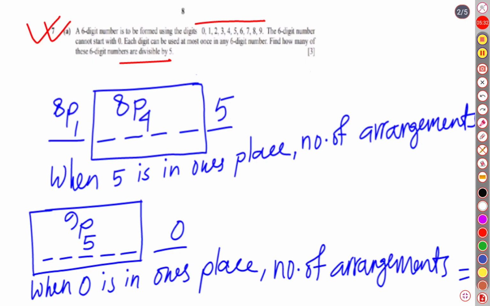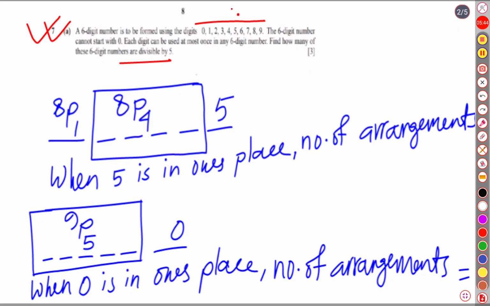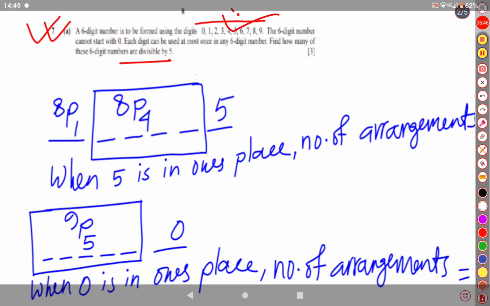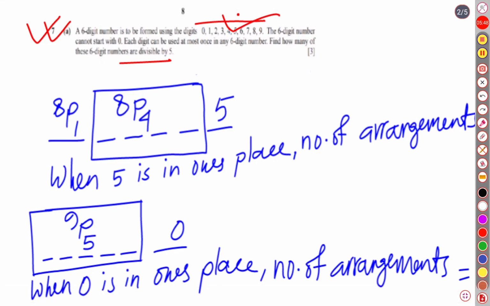As you are forming different numbers, arrangement is the factor here. You cannot write the same digit twice, so it's all about arrangement. We have 10 digits, and out of 10 we will form a 6-digit number, that means from 10 we will choose 6.